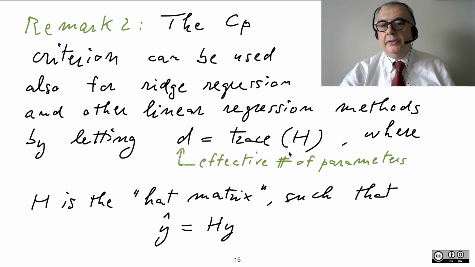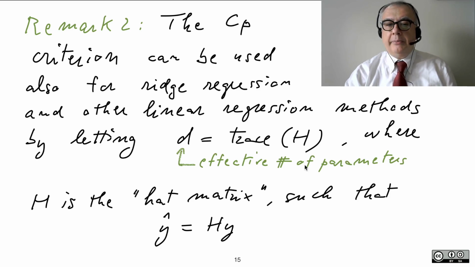So you replace d with the trace of the hat matrix, and this is also called the effective number of parameters. And you can use the CP criterion not only for linear regression and polynomial regression, where it is clear what the number of parameters is, but also for regularized linear regression, in which case you will look at matrix H. Okay, that's it. I will stop here.